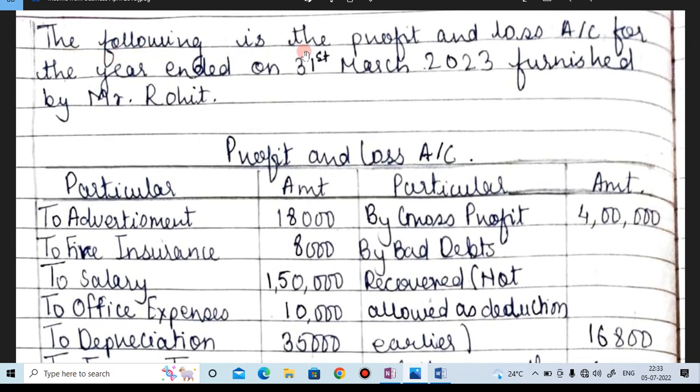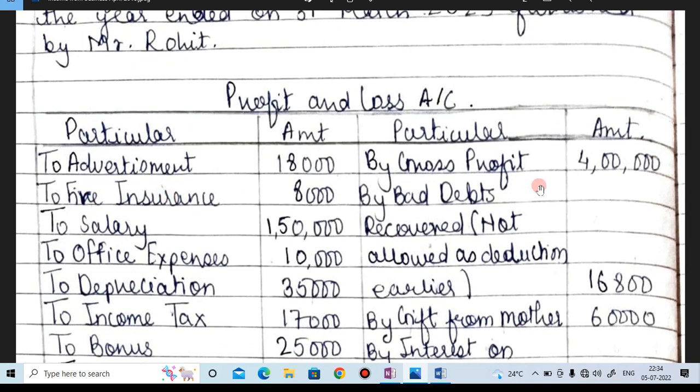The following is the profit and loss account for the year ended on 31st March 2023 furnished by Mr. Rohit. So Mr. Rohit is the owner of the business and he has furnished the following information in the profit and loss account. So this is the debit side and this is credit side.